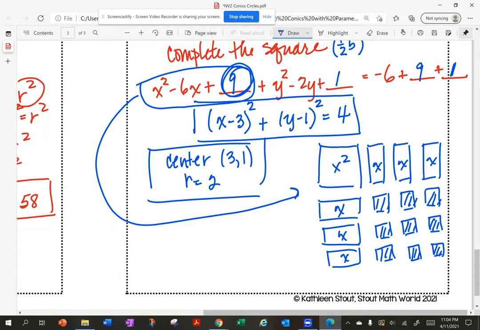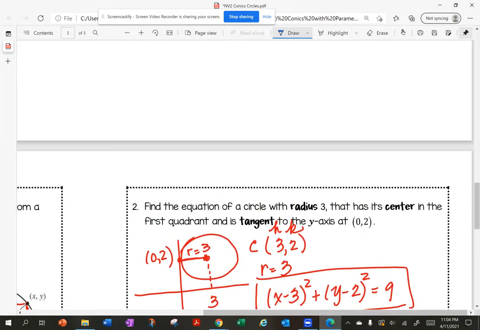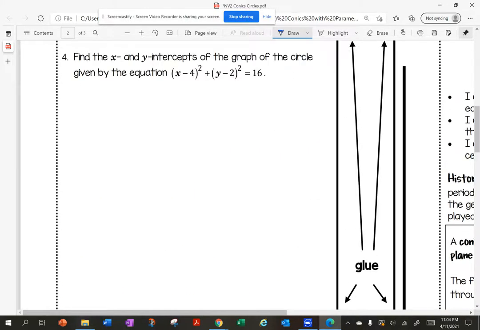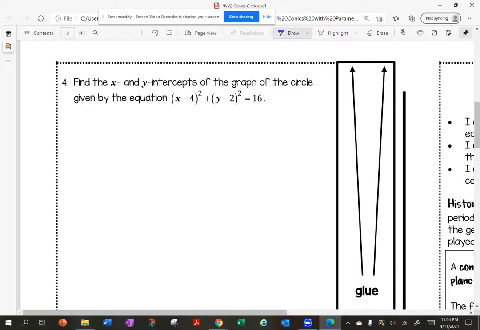All right, so let's add a few more things in here. Another equation, let's find the x and y intercepts. Find the x and y intercept of the graph of the circle given by this equation. So when I have an x-intercept, I know y is 0, and when I have a y-intercept, x equals 0.